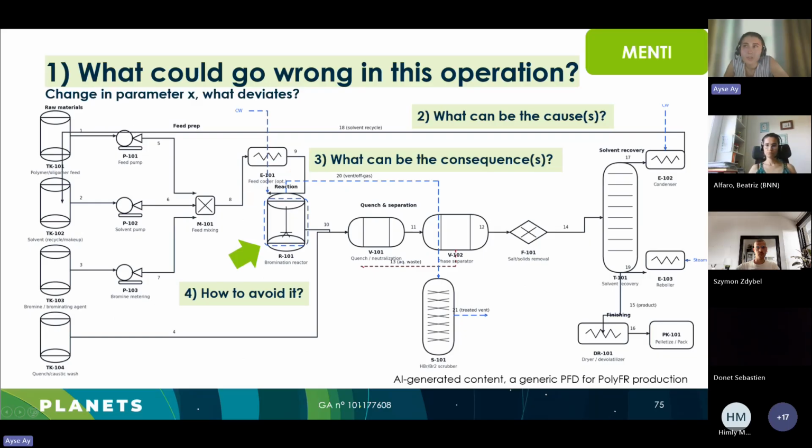Now maybe we can continue with another mentee. Here, I can say that we will now conduct a new HAZOP study together. In the middle, we have our R101, the bromination reactor. And here we will think what could go wrong in this operation.